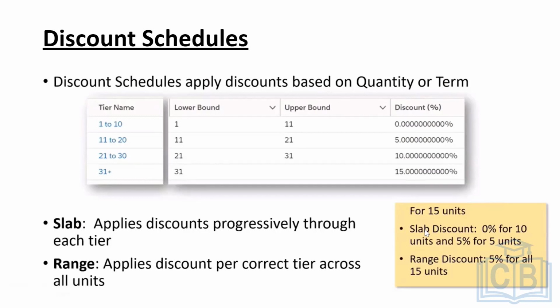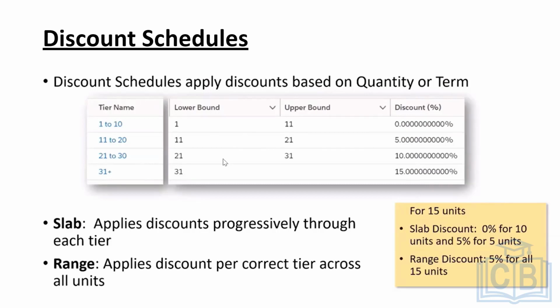If you have selected the discounting schedule as slab, 15 units, how will it calculate? 15 will fall into this part. Slab will calculate like first 10 units are coming into this slab, correct? With 0% discount. Remaining 5 is coming into the next slab, which is 5% discount. So slab will work like this.